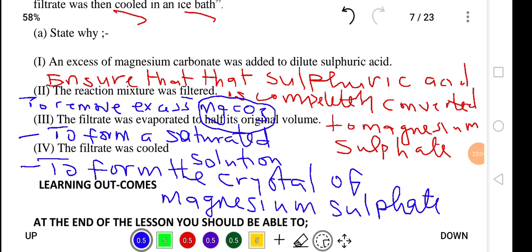So this must be very simple for you, my dear learners, because the answers are just coming from the procedure of preparing magnesium sulfate.